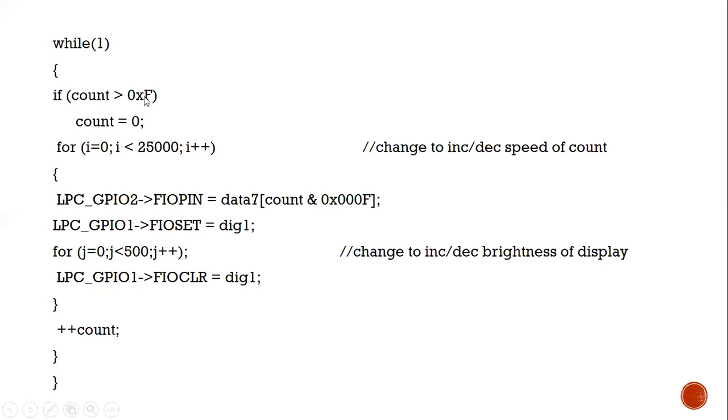No, so it directly goes to the next loop, adds the count to the next number, and that value is again sent to digi1. In the same way it will repeat until the count becomes F. If the count becomes F, it becomes 0 again, and the condition will continue in the same way.